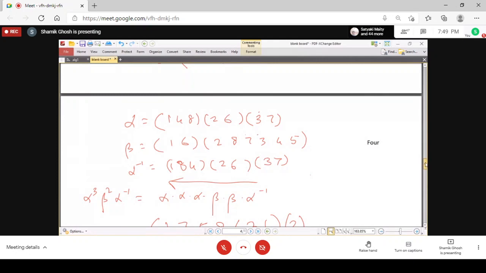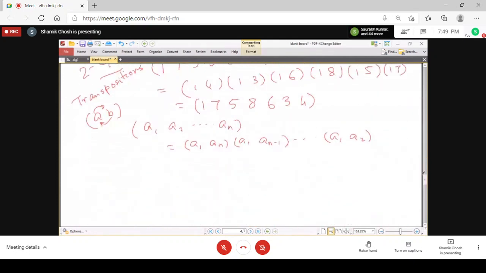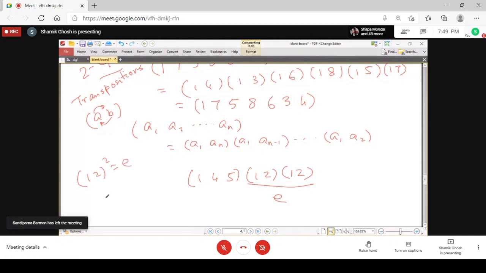But here in the case of two cycles, suppose we have, say, (1 4 5), and the same thing if you just apply (1 2)(1 2), then it remains the same because this is identity. Any transposition squared is identity because under this transposition, 1 goes to 2 and 2 goes to 1. If you apply it again, then 2 goes to 1 and 1 goes to 2 again. And so ultimately you get identity.